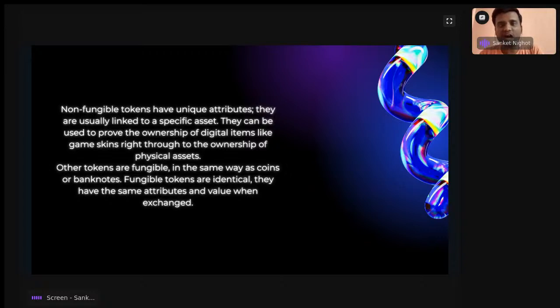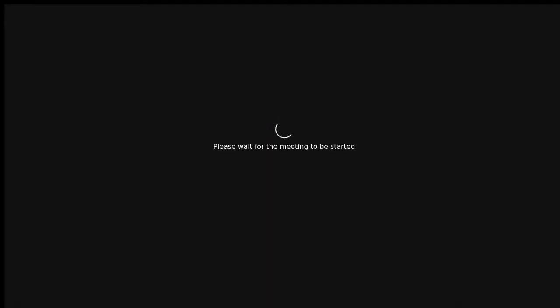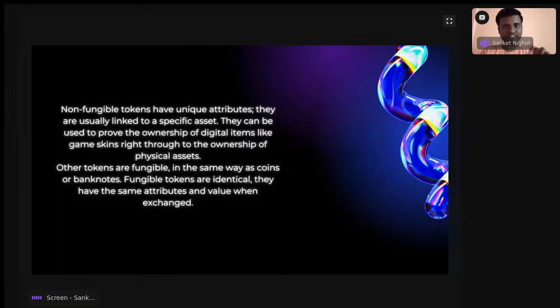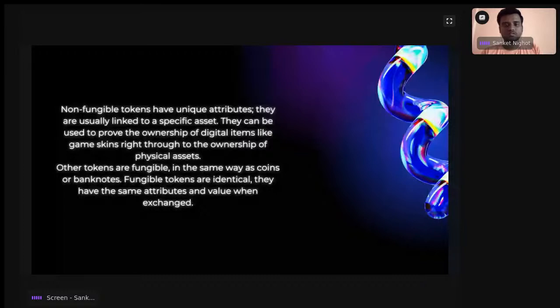So if I create an art and mint it on the blockchain, the data is stored in the smart contracts, and whenever anyone searches for that NFT on the blockchain, you get the data: who is the owner, what price he has paid for the asset, and everything. Hope I'm clear up till here.